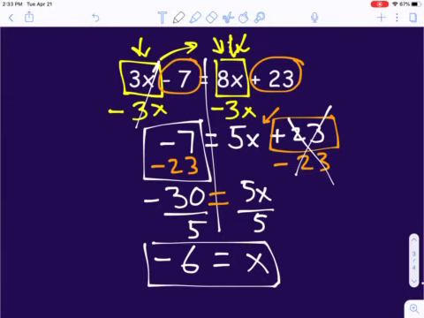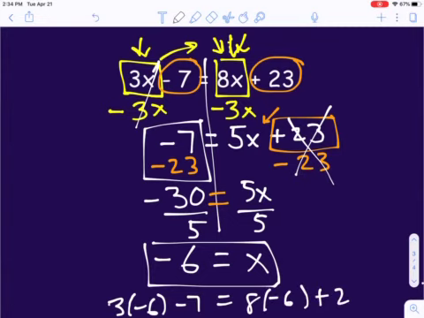And then what I can do is take that negative 6 and plug it in for x. Let's just do that really quick. On this left side, you get 3 times negative 6 minus 7, which is equal to 8 times negative 6 plus 23.